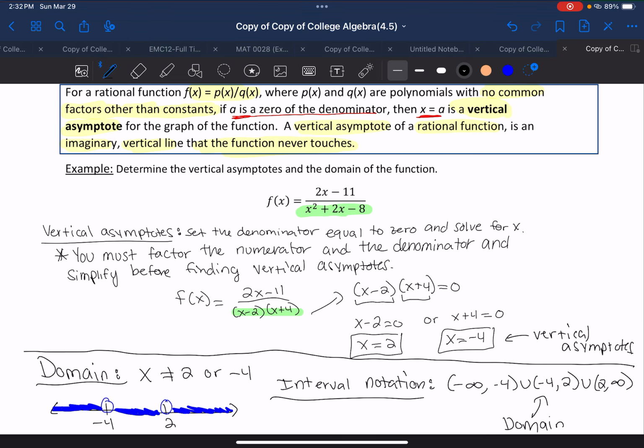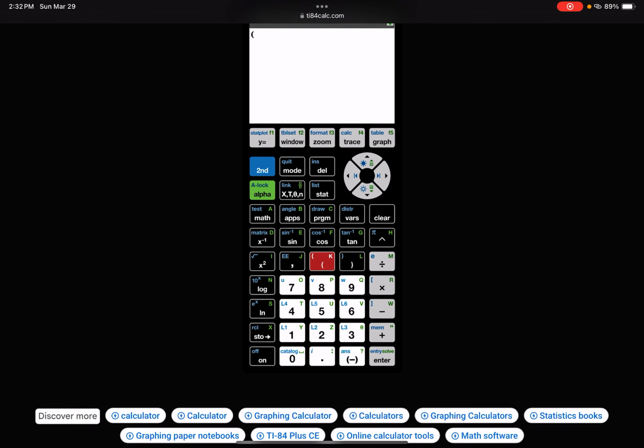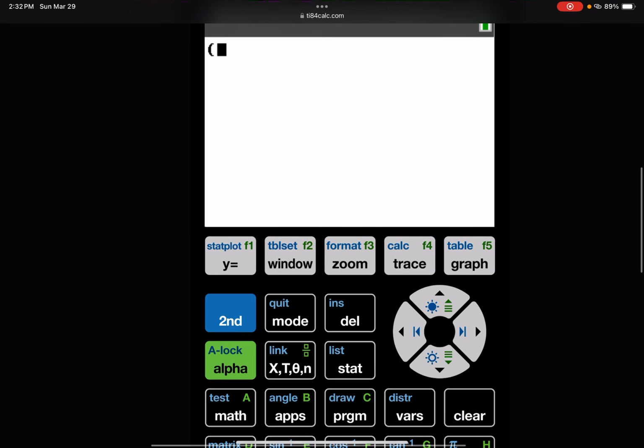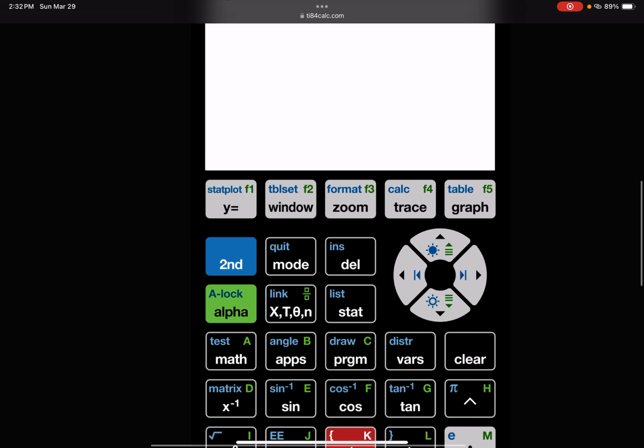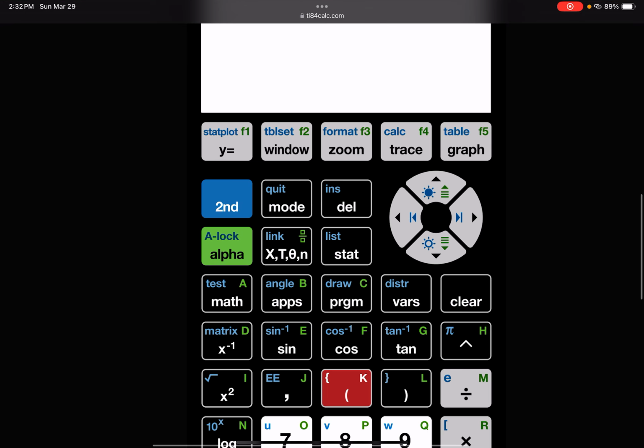Okay, so I'm going to graph this function on the graphing calculator so we can see what it looks like, and you can see where these vertical asymptotes are on the graph. So let me go to my calculator here.